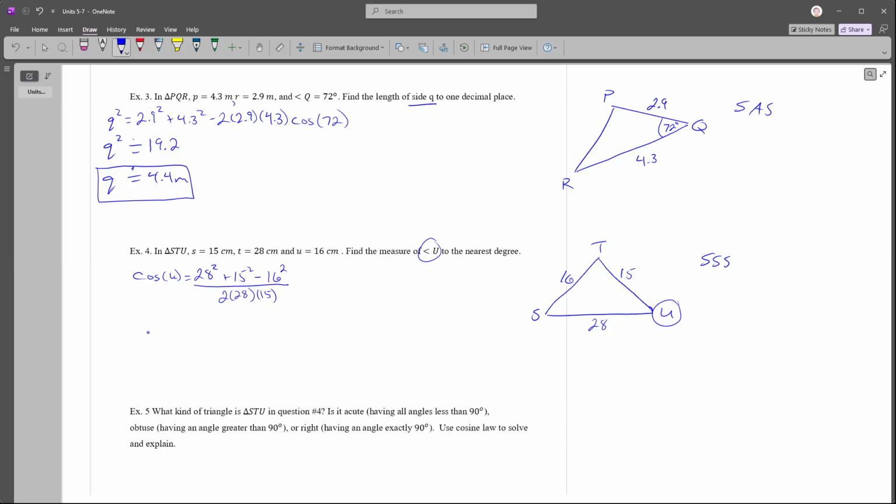And when we do this, we're looking for this angle here, U. Cos of U is going to be equal to 753 over 840, which means U is equal to the cos inverse of 753 over 840. So U is going to be approximately equal to 26 degrees.